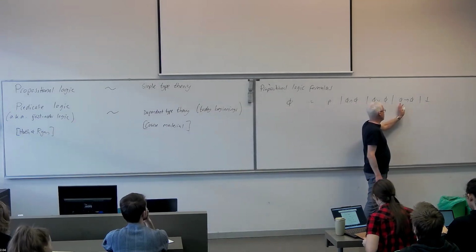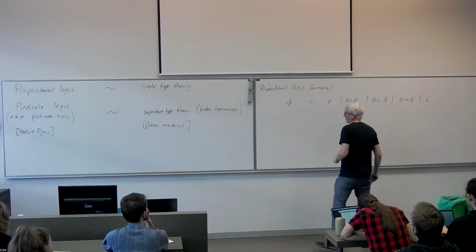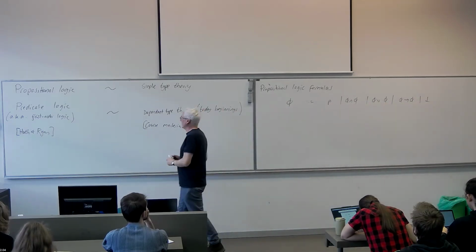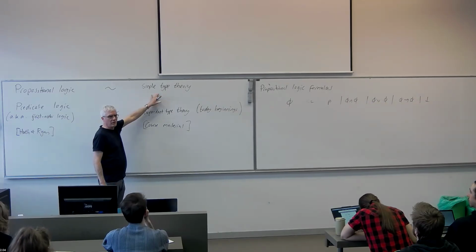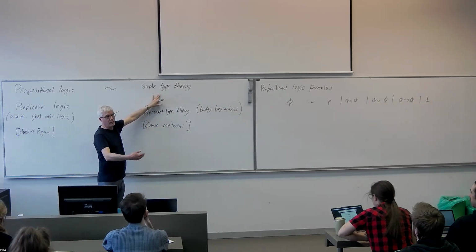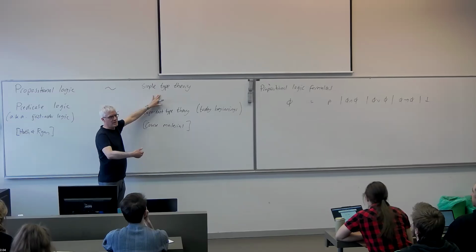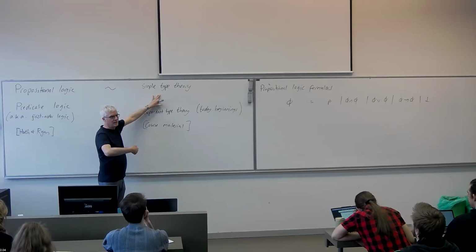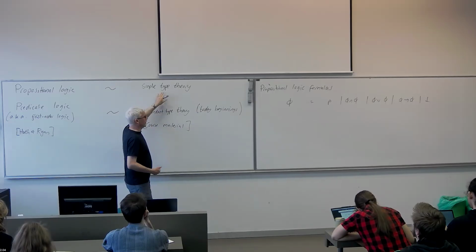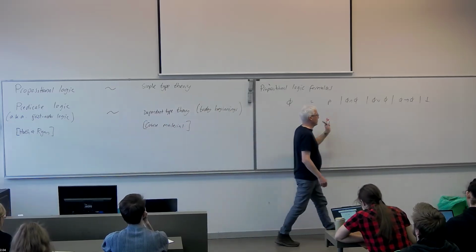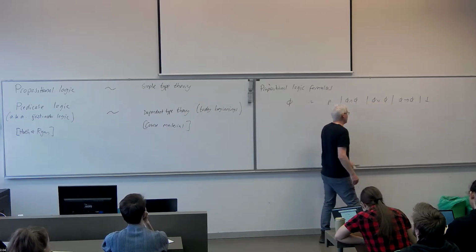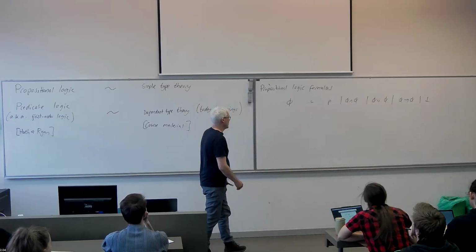You can define the negation of phi as phi implies false, and somehow when one comes to type theory, it's not so natural to have an implies false or an implies zero primitive operation. So on this side, it's not so natural to put negation as a primitive, but just to have it as the derived operation phi implies false. So we're going to keep that also on the logic side.